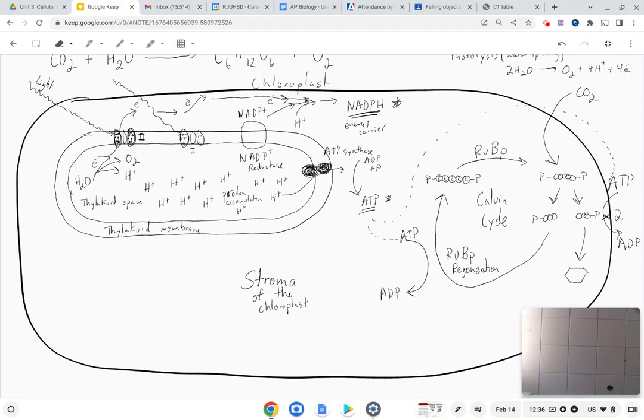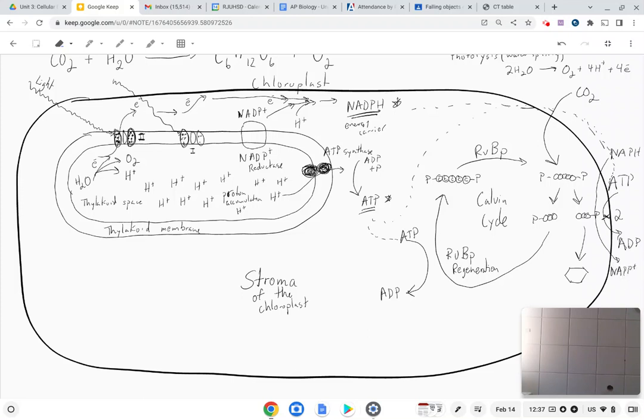Now, what about the energy carriers? I forgot to show you what happened. The NADPH is also utilized in this reaction. So we can also put NADPH becomes NADP plus.